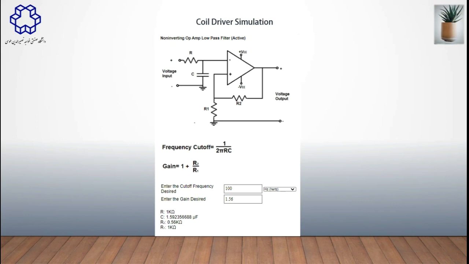We choose 100 Hz and 1.66 for the gain desired. As you see, 1 kilo ohm for R, 1.59 microfarad for the capacitor, R2 and R1.